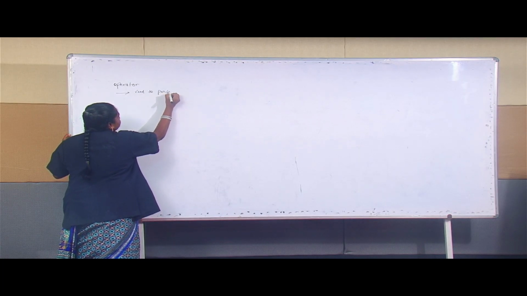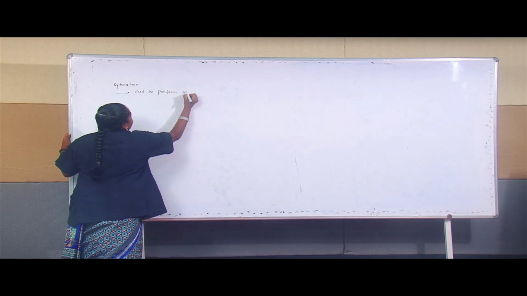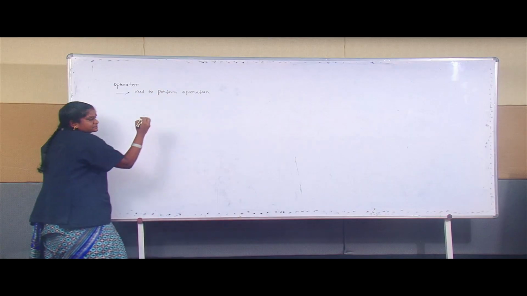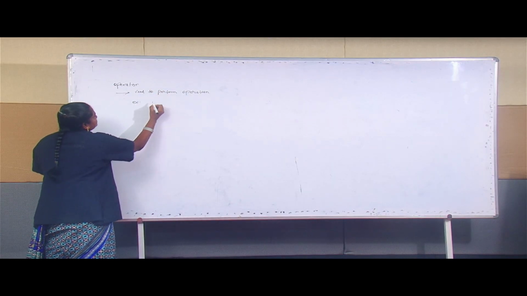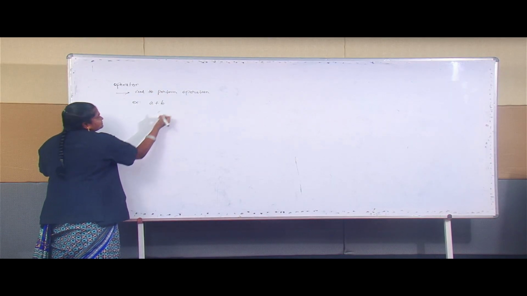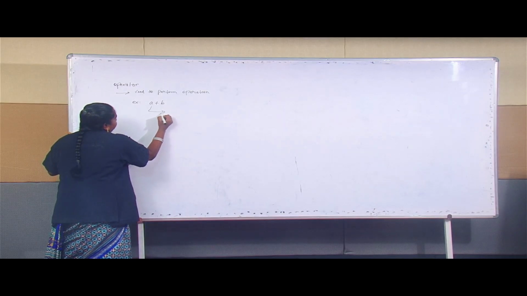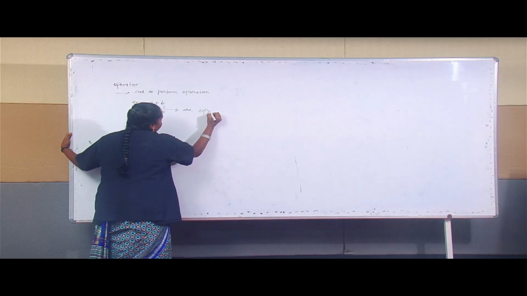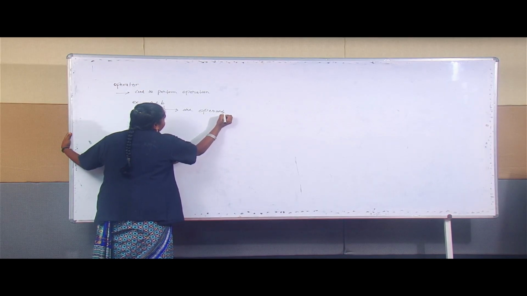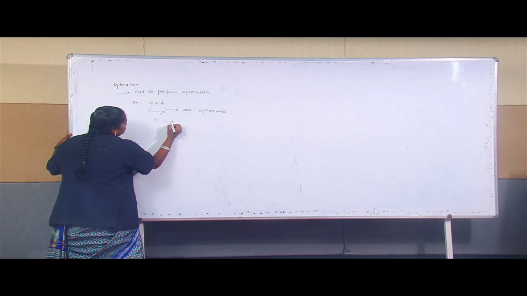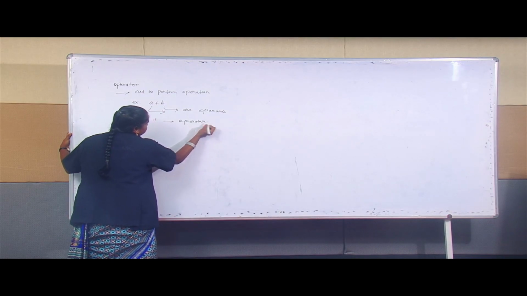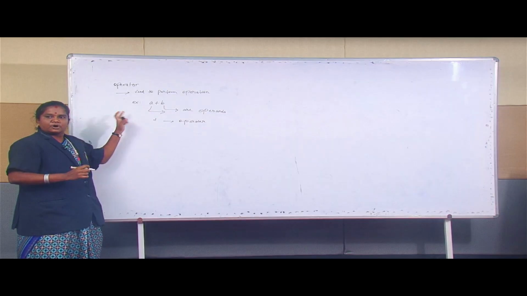Consider the example A plus B. Here, A and B are operands, plus is the operator. So, this is an operator.